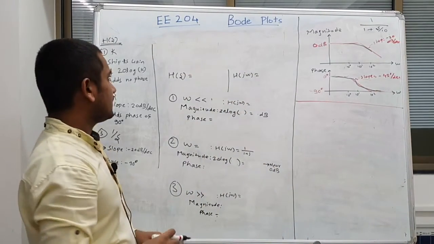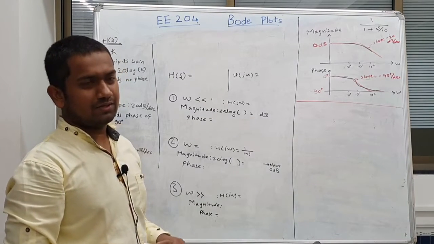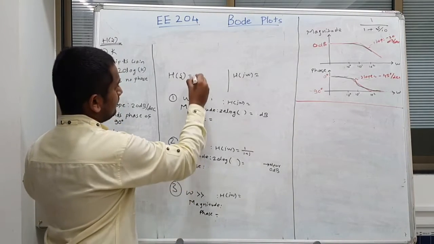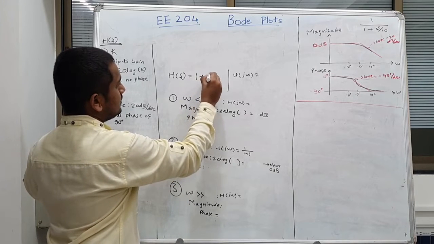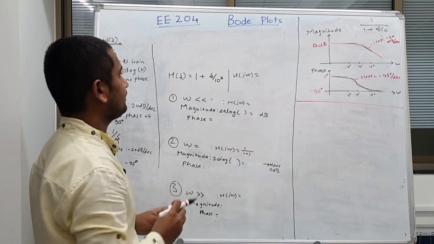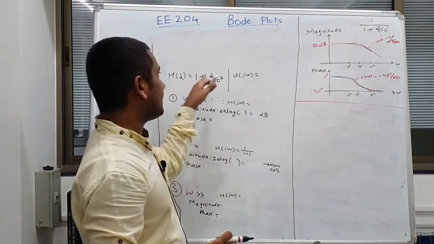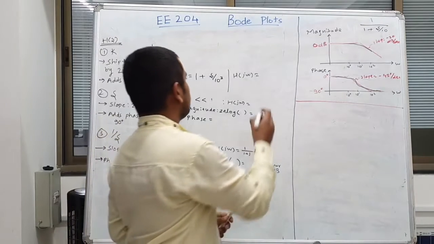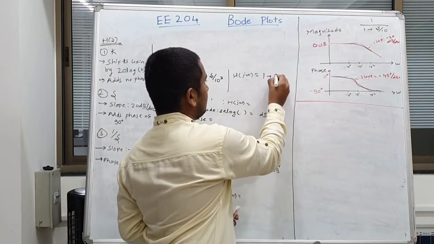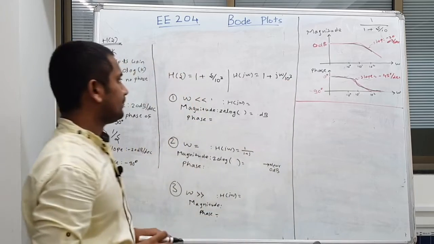Now look at a transfer function which has a zero at a certain frequency. Let H of s be equal to s by 10 to the power 3. The first step that we do is we replace s by j omega. H of j omega will become 1 plus j omega by 10 to the power 3.